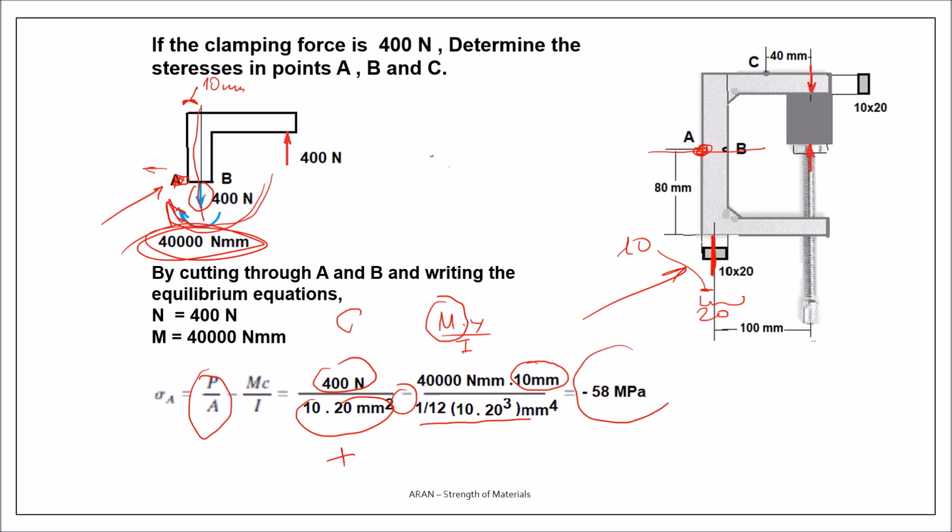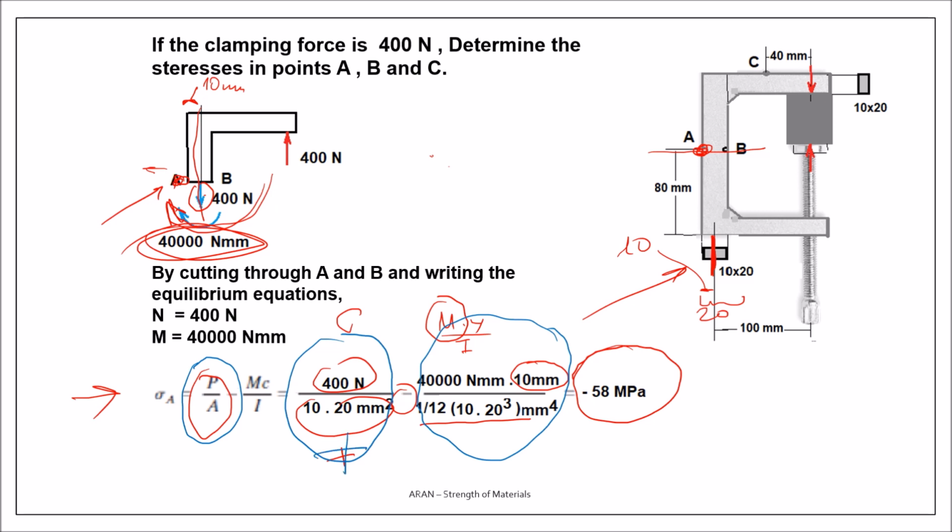This gives you the superposed stress in point A. What did I do? I have calculated the sigma due to normal force. I have calculated the sigma due to bending. One is positive, the other one is negative.